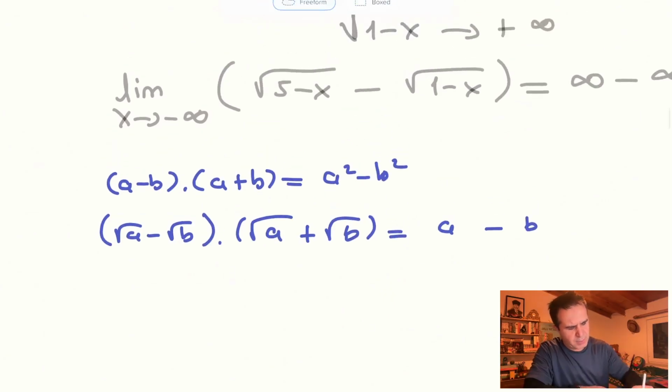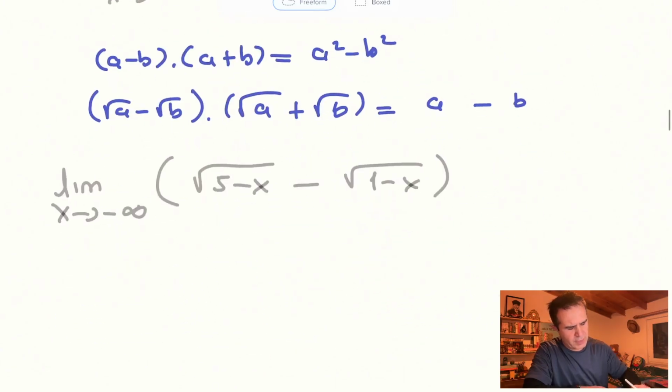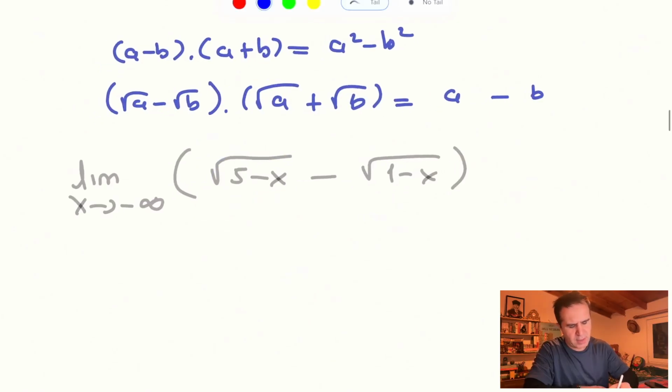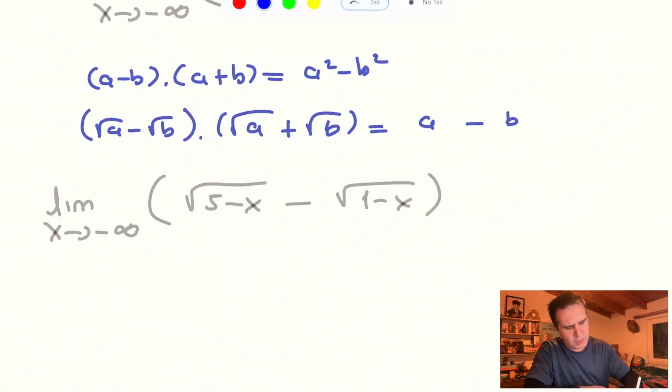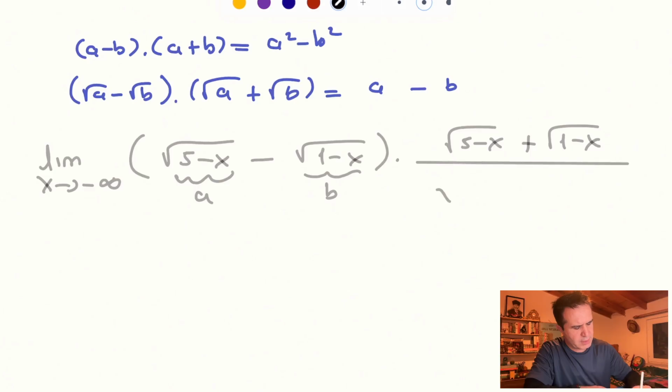In this problem here, we have square root of 5 minus x, and you can think of this as a and you can think of this as b, and its conjugate is square root of 5 minus x plus square root of 1 minus x, and we divide by its conjugate also.